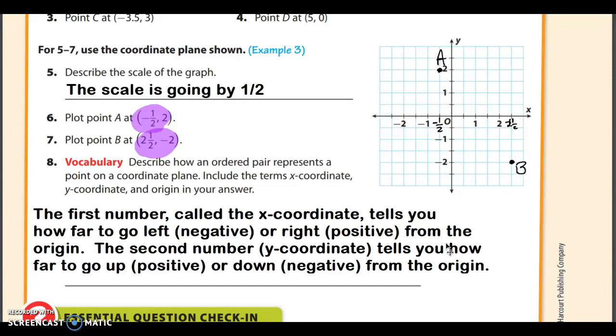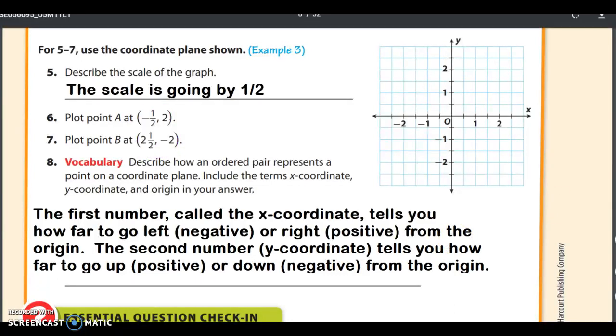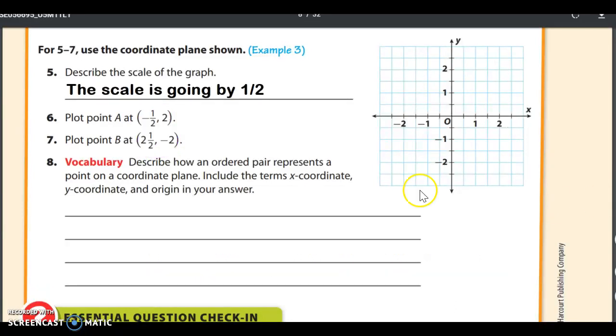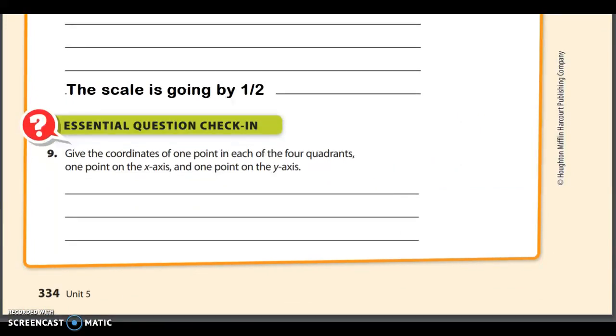Okay, we're on the essential check-in question, number 9. It reads, give the coordinates of one point in each of the 4 quadrants, 1 point on the x-axis and 1 point on the y-axis. So this would take a minute. I'm going to make a little deal here.